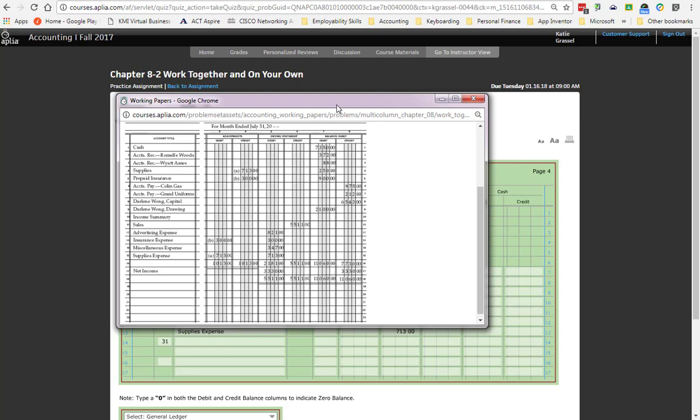Credit. Why? Because our revenue is greater than our expenses. Because right here, revenue is greater than expenses. So therefore, income summary is going to have a credit balance. So what do I need to do to close it? Debit. I don't think you guys are awake today.